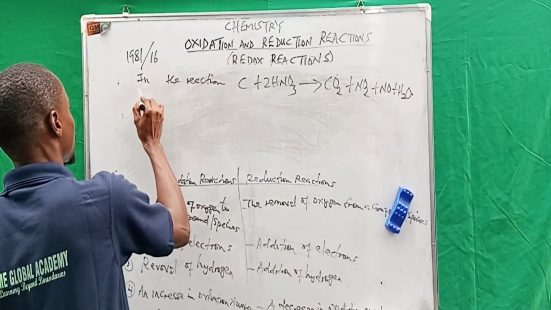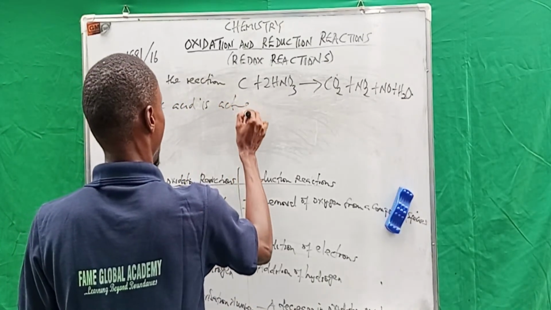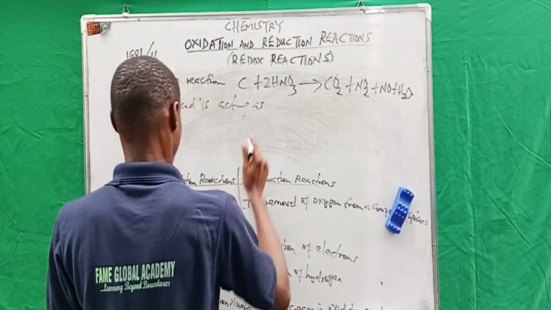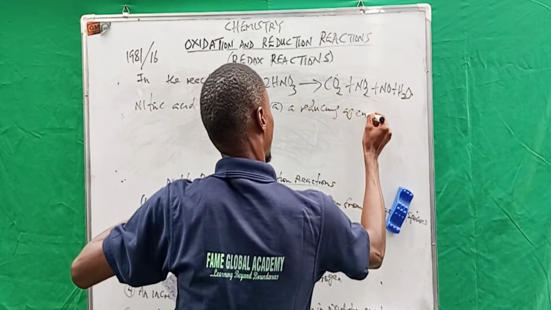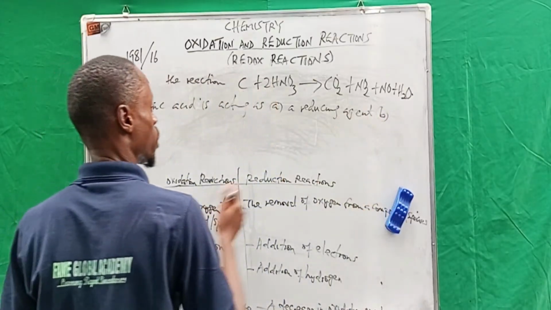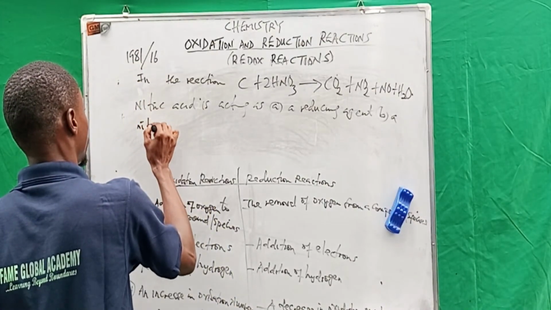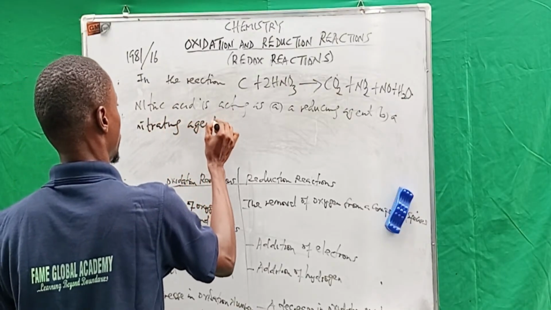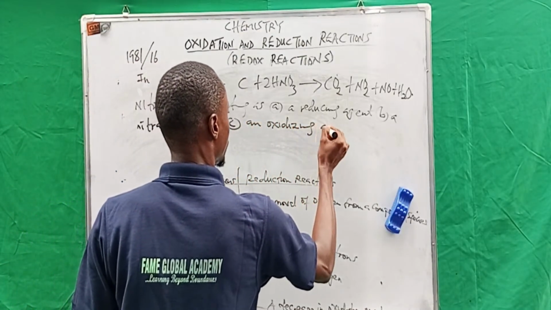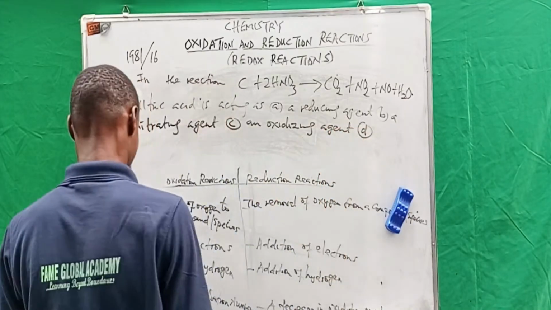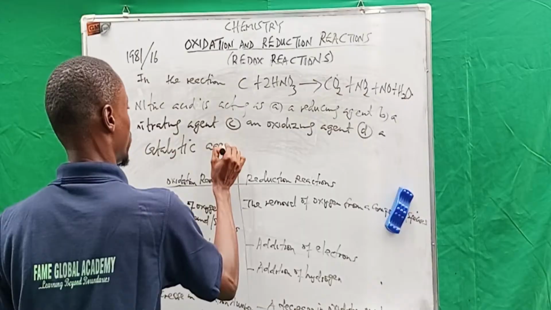Nitric acid is acting as A, a reducing agent, B, a nitrating agent, C, an oxidizing agent, D, a catalytic agent.